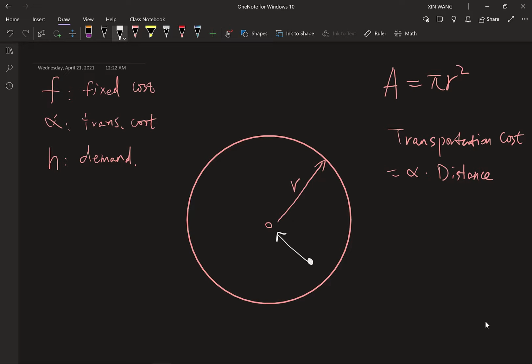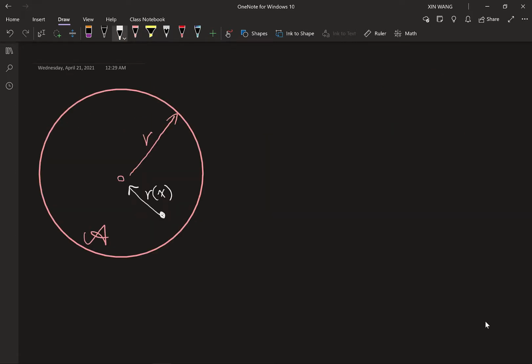Therefore, we can try to estimate the average distance. Here, H indicates the demand density near a specific point, and the distance is given by the specific location, and then we integrate over all possible locations within this circle, denoted by A. So this problem is converted to estimating the average distance. Let's use mathematics to calculate it.